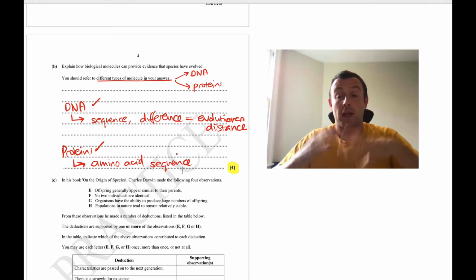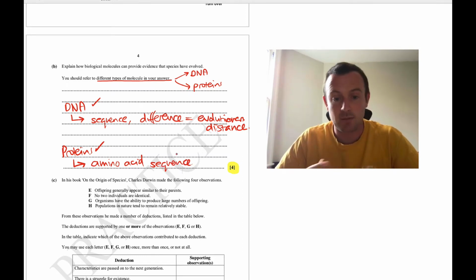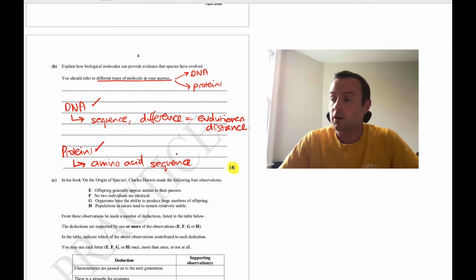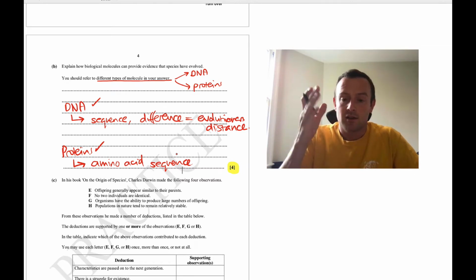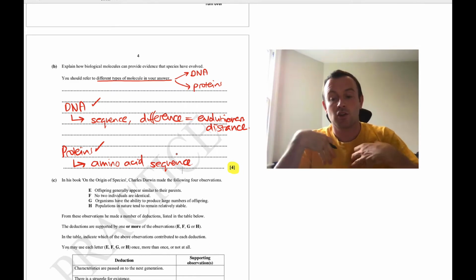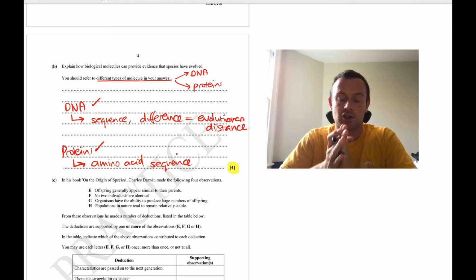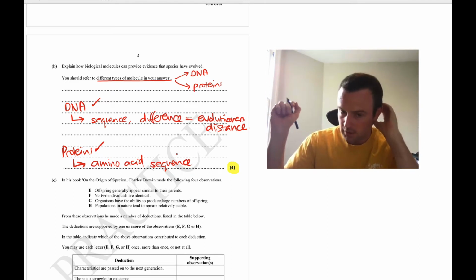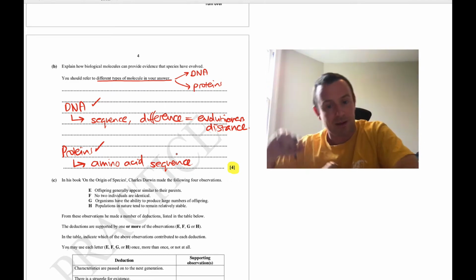For example, if we're looking at primates, all primates have hemoglobin. We can look at the amino acid sequence of human hemoglobin versus, let's say, ring-tailed lemur hemoglobin. We can work out the number of amino acids that are different, and that gives us an indication of when humans and ring-tailed lemurs last shared a common ancestor, which is about when Madagascar separated off from Africa.